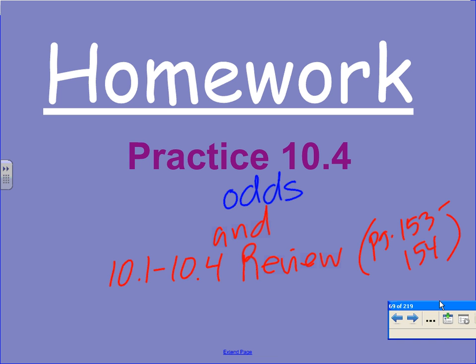You need 153, not 154. I thought the back of it was 154, but there's a back to it that does not have a page number. Thank you, Abigail, for telling me that. At the top of it, it says 10.1 to 10.4 review. So you're going to do both front and back of this, which is 1 to 15, and then practice 10.4, just the odds.